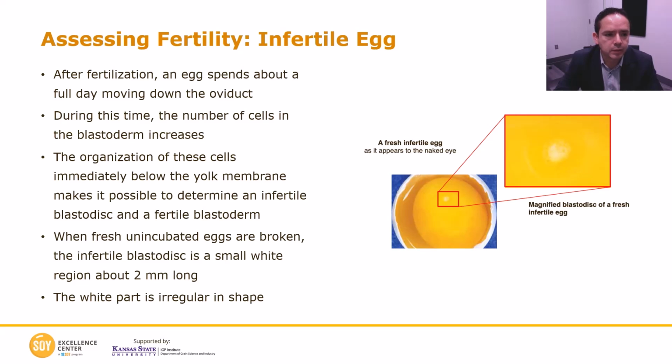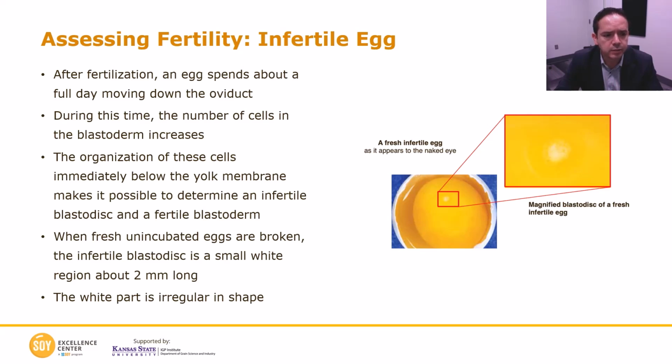It is important to assess the fertility of the eggs. After fertilization, an egg is going to spend about a full day moving down the oviduct, and during this time, the number of cells in the blastoderm increases.